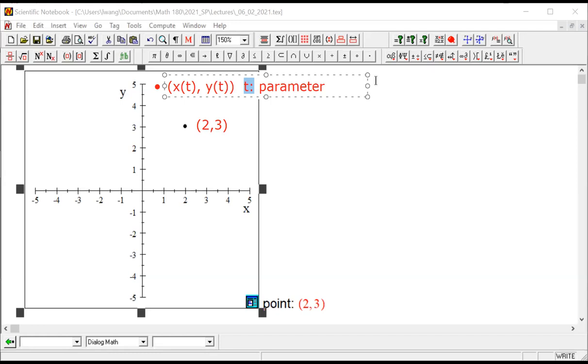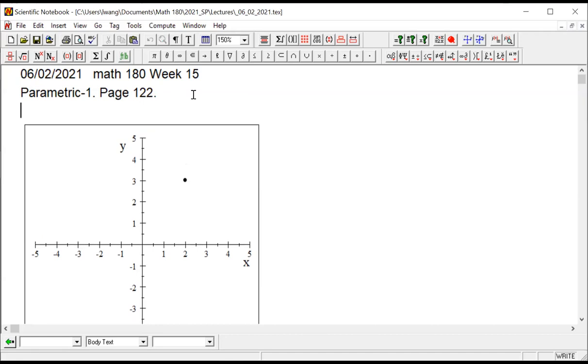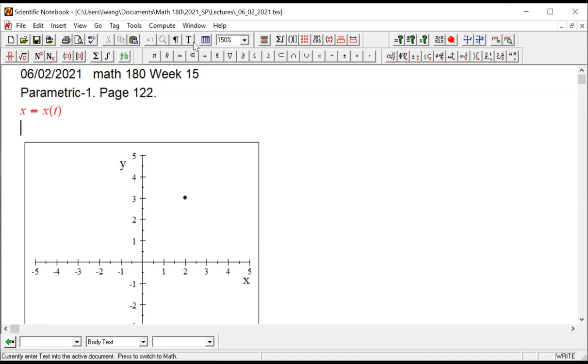Okay, now let me clear all of these. Okay, so x as a coordinate it depends on another parameter t, and y depends on another parameter t.